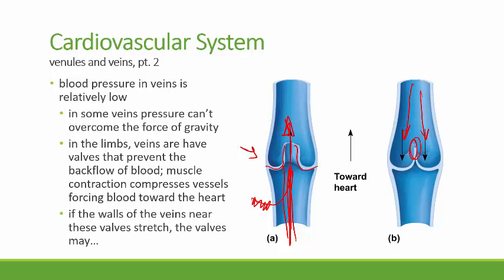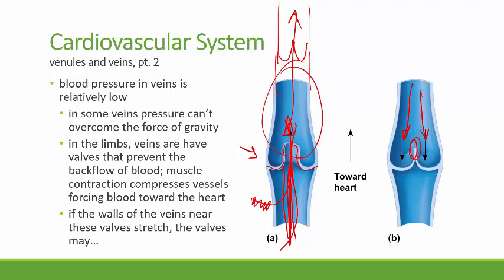And then if we can get another spurt of blood pushing upward, there's another section above here where there's another valve. So we just keep moving the blood from one section of the vein to the next section of the vein, using these one-way valves to prevent the blood from flowing backward.